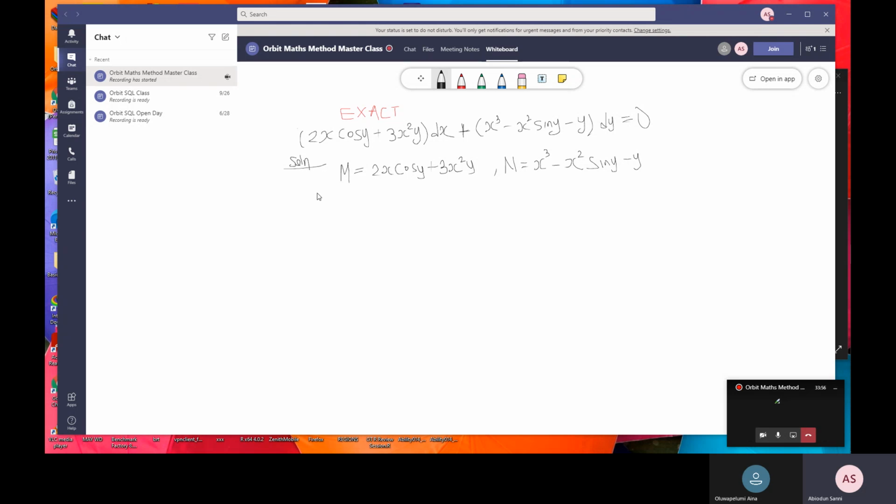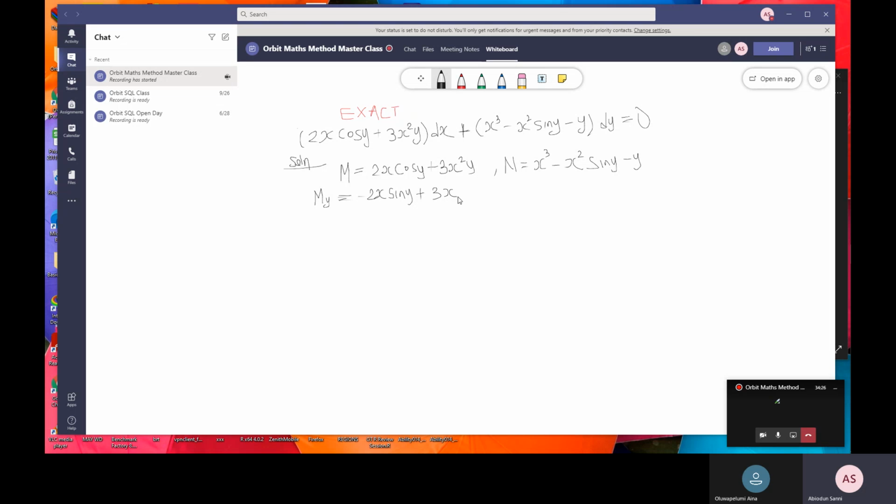So to check whether it's exact, we differentiate M partially with respect to y. I have minus 2x sin y plus 3x squared.